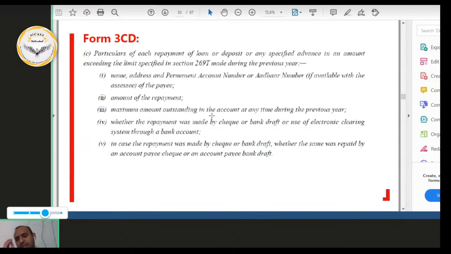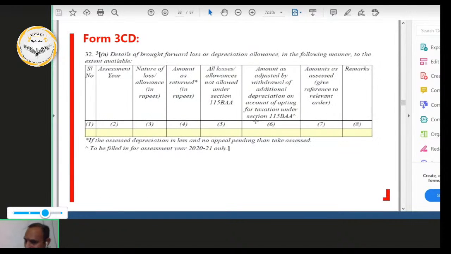So you need to examine whether any violation of these particular clauses has taken place. If the answer is yes, then you have to report appropriately under these clauses. That is the broad requirement, but you have to be very careful about 269ST.